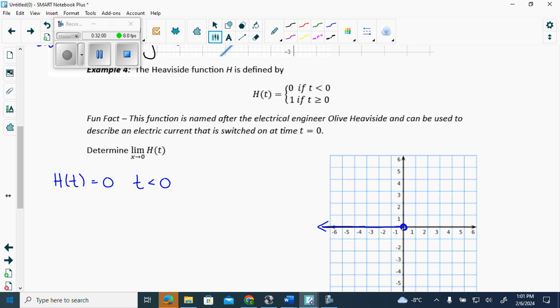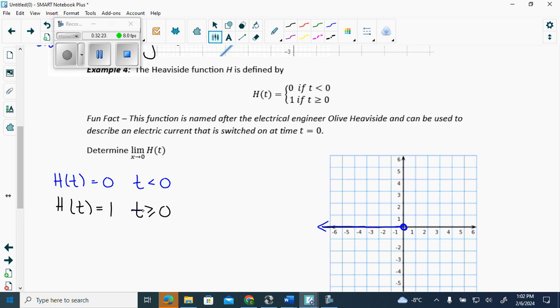And then on the right-hand side, we have h of t equals 1 when t is greater than or equal to 0. What is h of t equals 1? What is y equals 1? It's a constant function, which is a horizontal line, when y is 1, right? The catch here is I don't draw it the whole way across. Where does it start?